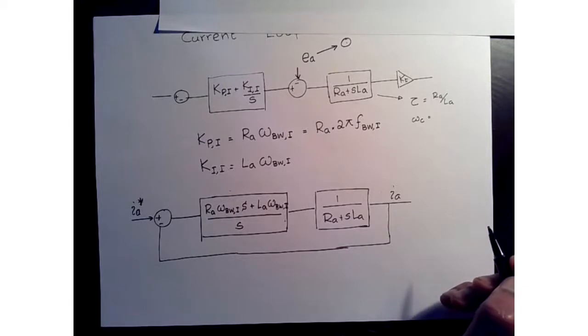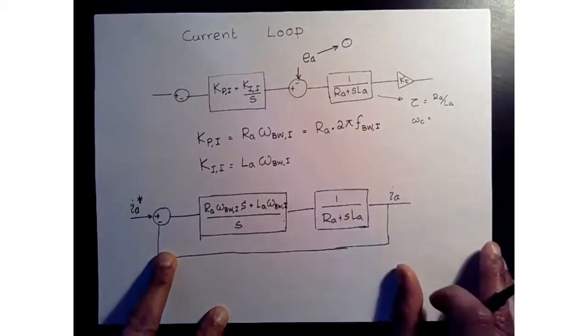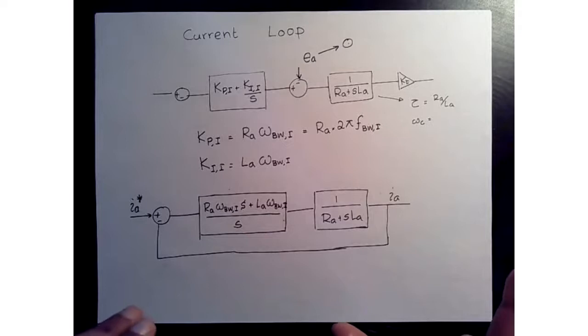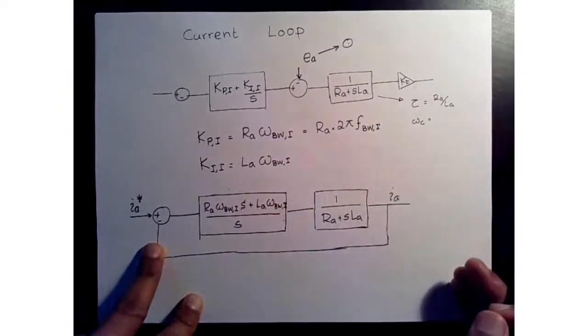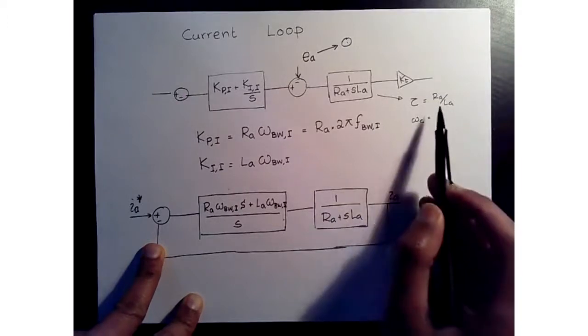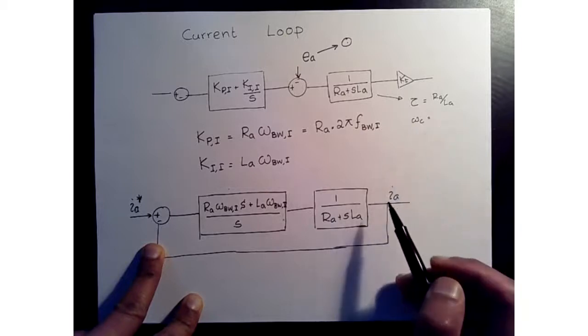Do you guys recall this? How is the time constant related to our cutoff frequency, omega cutoff, which is in turn related to our bandwidth? How is tau related to our cutoff?